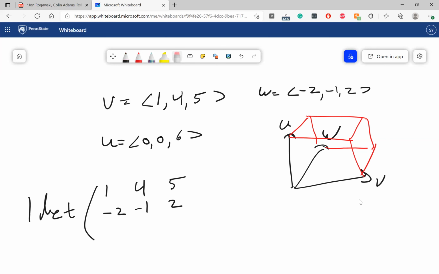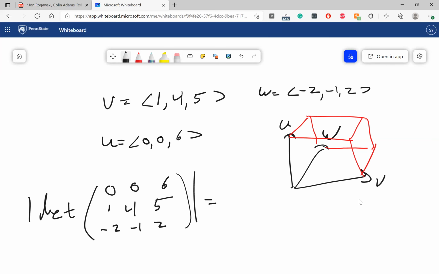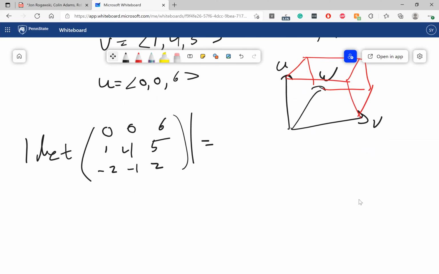So actually, in order to simplify this, I'm going to put the first vector on top: 0, 0, 6, 1, 4, 5, -2, -1, 2. Which is a good trick to know, because we're going to be taking the coefficients of the thing on top, so we might as well want 0 and 0 to appear as often as possible.